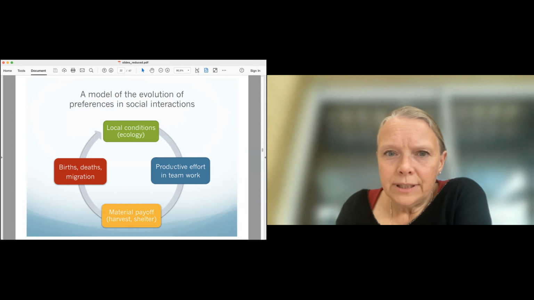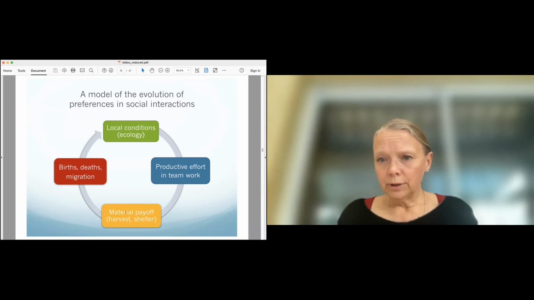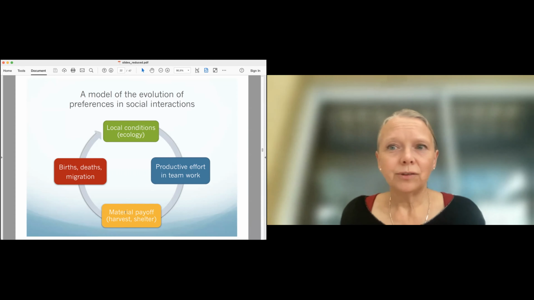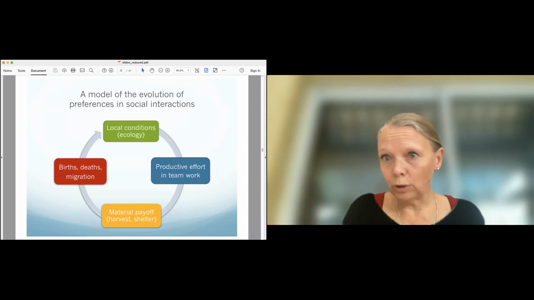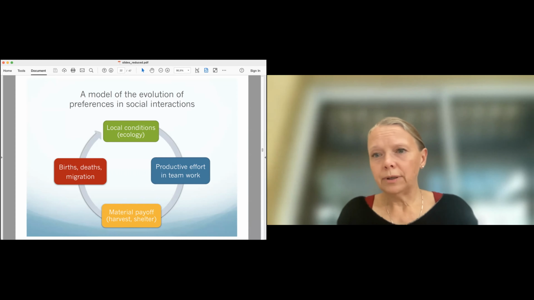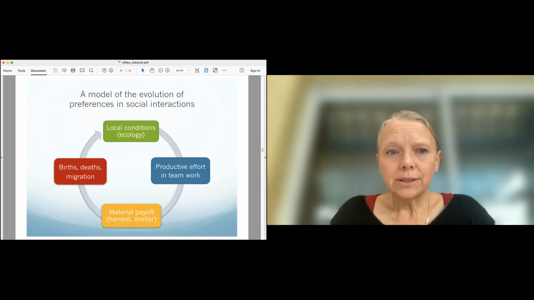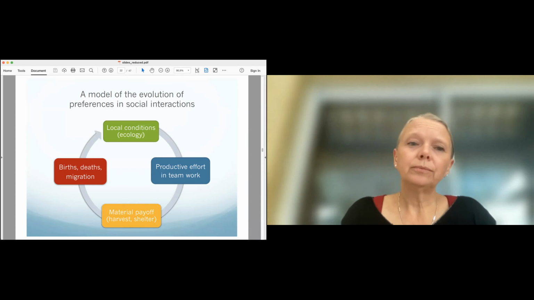Okay, these two things together, the efforts and the local conditions, give rise to some kind of material payoff, which could be the amount of food harvested. It could be the quality of the shelter that is being built, depending on whether the teamwork is functioning or not. And these things in turn affect the number of births that these people would get, the death rates, and also migration.